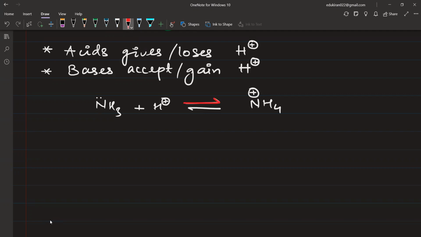I am looking at the forward reaction, and I am saying that NH3 is a base. Okay, why? Because it is accepting H plus. But if I look at the backward direction, तब बताइए यहाँ पे, what is NH4 positive doing? It is losing H plus. Yes or no? Please tell me, all of you. Can you see that? It had 4 hydrogens. Now nitrogen has 3 hydrogens only. It is losing H plus. Yes or no? Correct, guys? Can all of you see that?